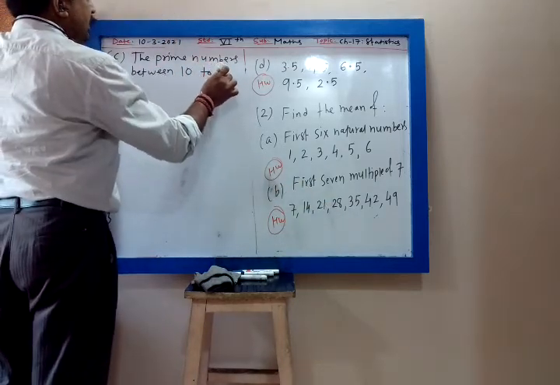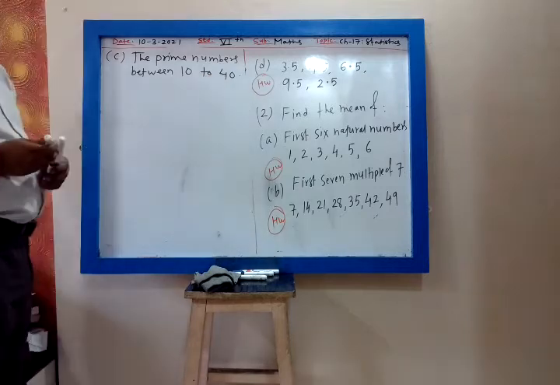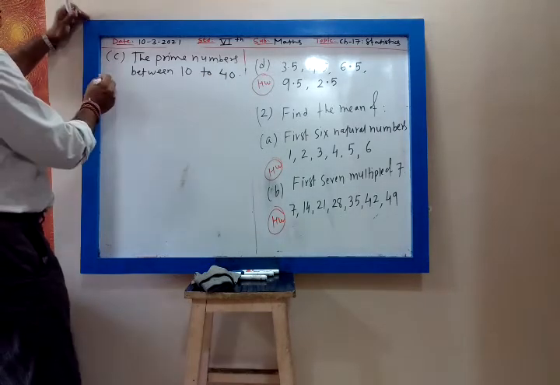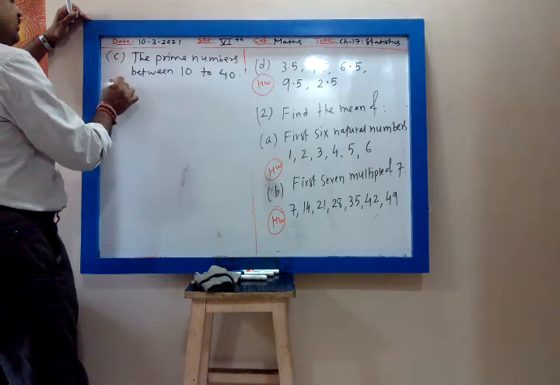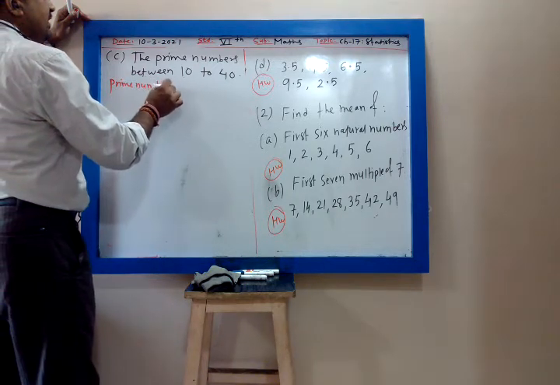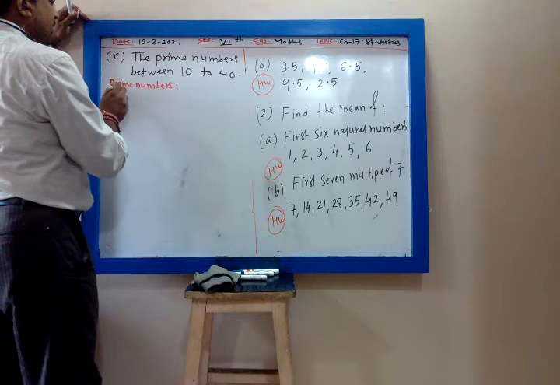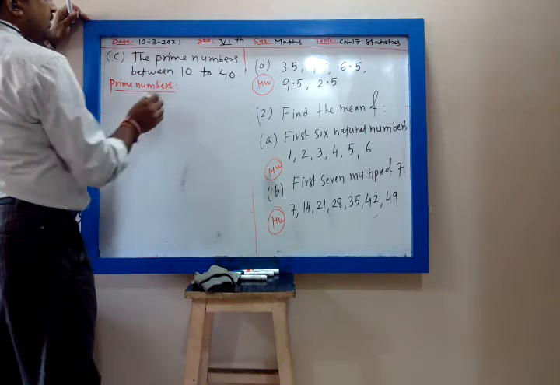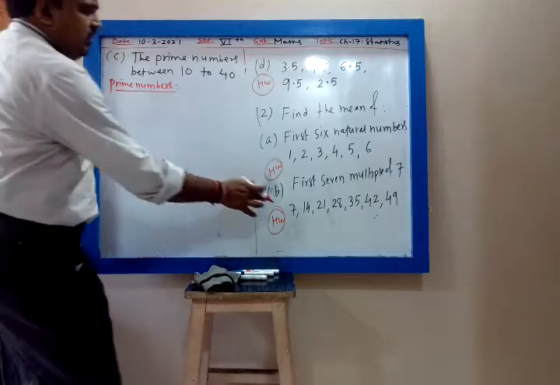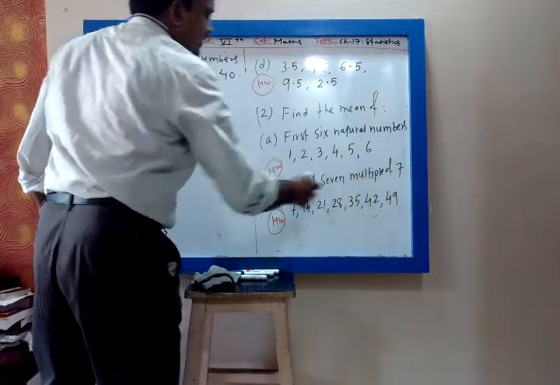So first you list the prime numbers between 10 to 40. What are the prime numbers between 10 to 40?